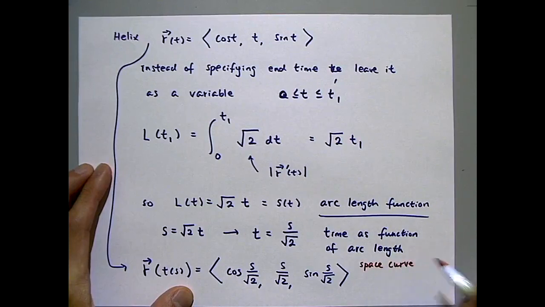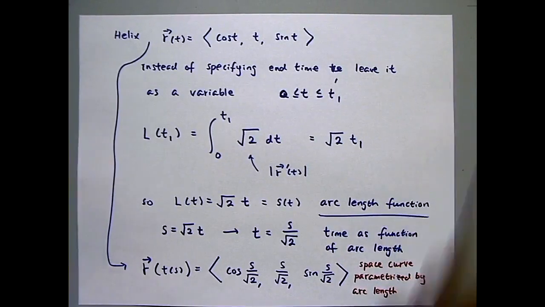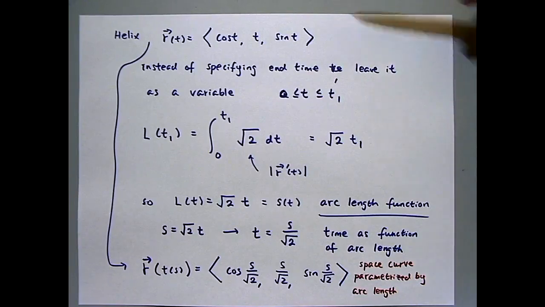So here is the space curve parameterized by the arc length instead of time. The thing here is once we found out how arc length is related to t, we can choose whatever independent variable we want to parameterize that space curve with. It could be t, a very natural choice, or it could be the length of the curve you have traveled.